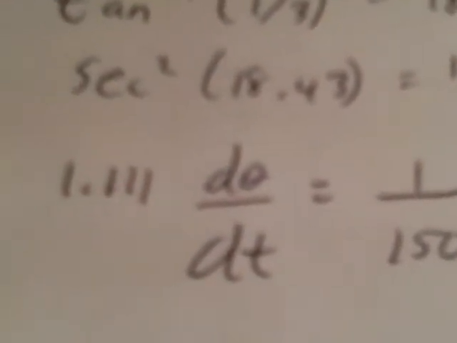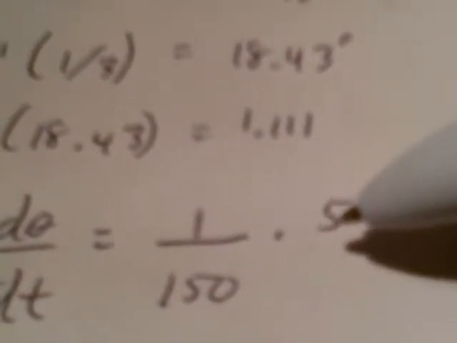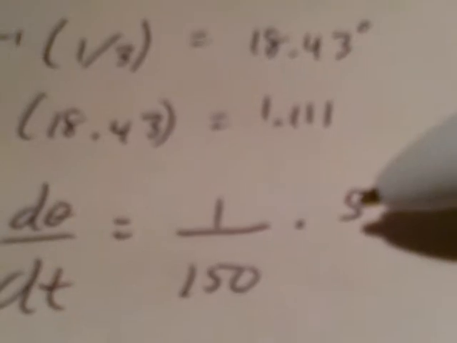Now we can just plug everything into the derivative that we found. And so 1.111, which is secant squared of theta, times d theta/dt, equals 1/150th, that's from there, times dy/dt, which we know to be 5, because that's how fast the balloon is rising.